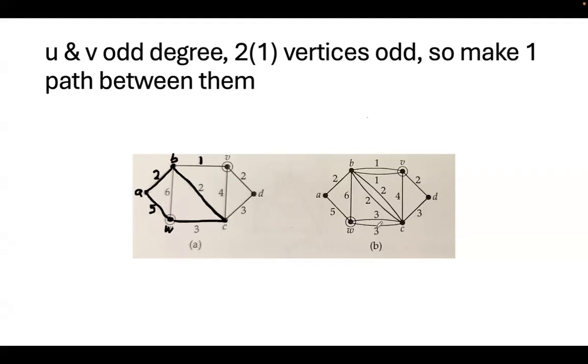Okay, so let's try this one. So if we've got our corrected graph, then, this is the other thing. The book doesn't go into detail that much about this problem.